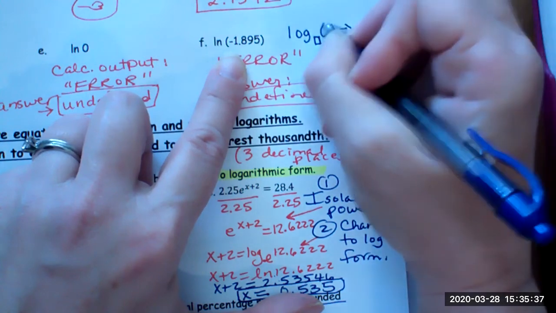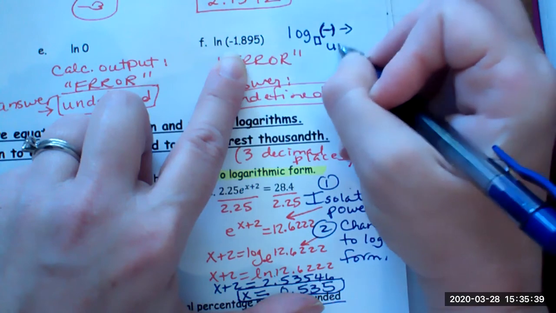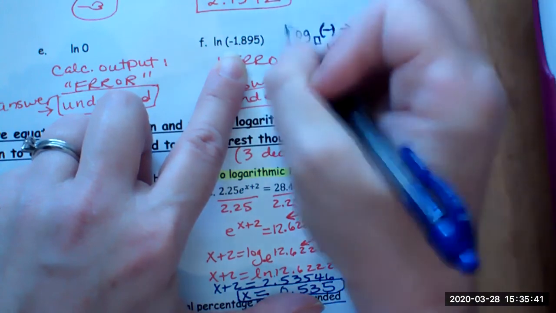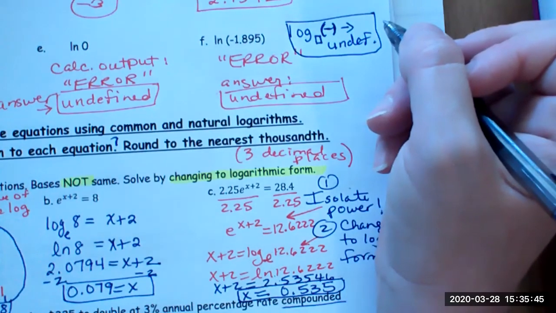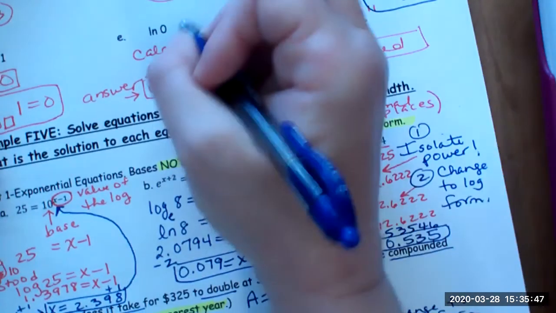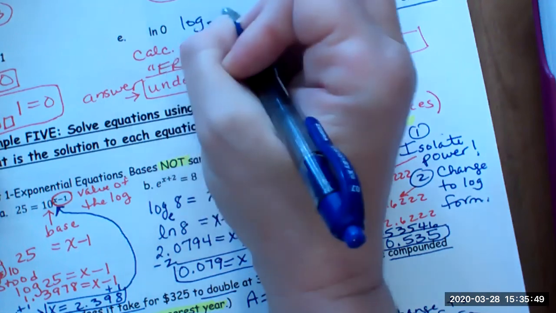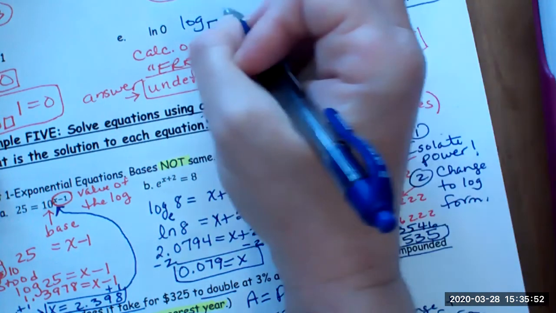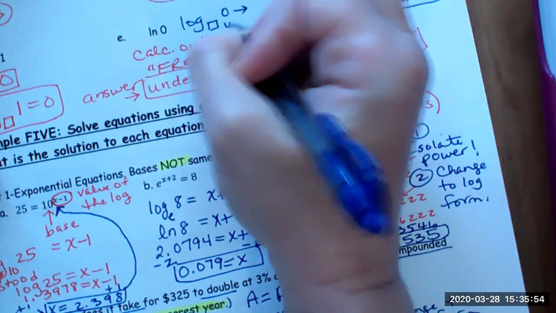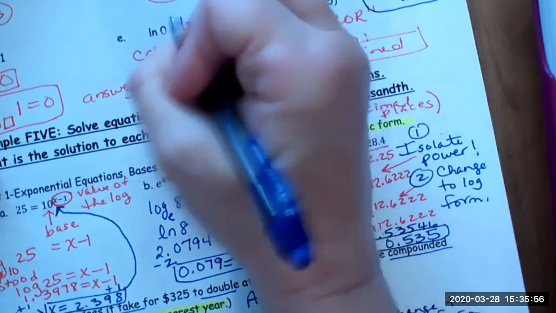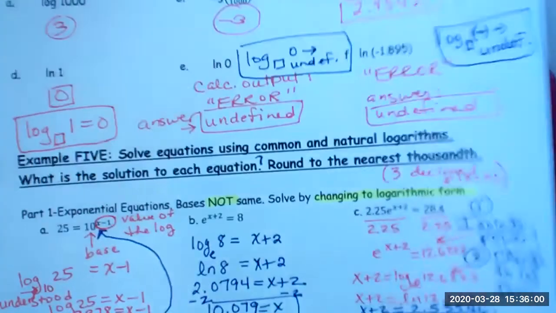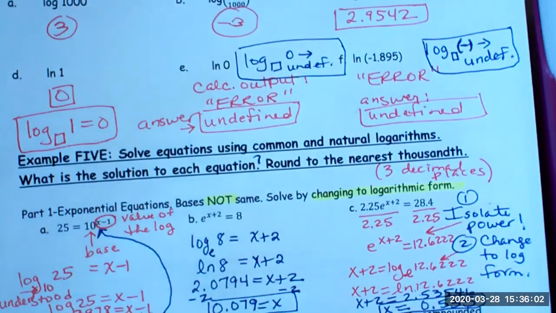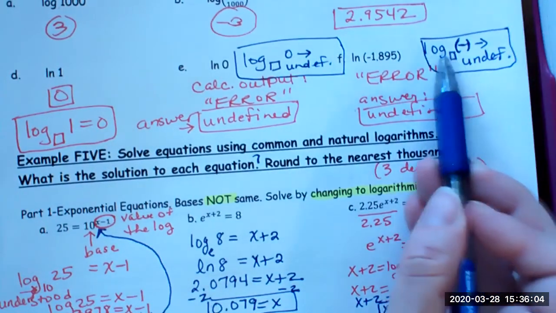We said that on the prior page also, right? We know log of a negative is undefined. And we know also that the log of 0 is also undefined. So these are our rules that we want to be aware of. And we said log of 1 is 0. But going back to the log of a negative is undefined.